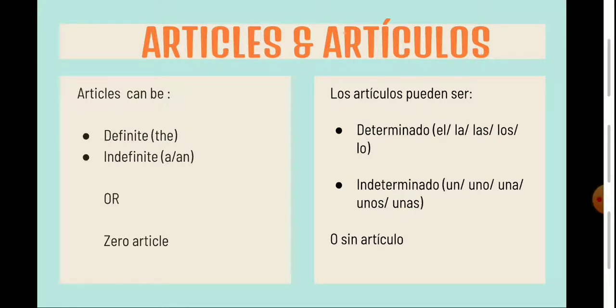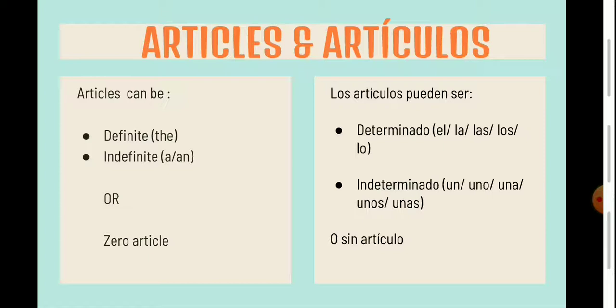In English, articles can be definite, the, indefinite, a, an, or zero article. In Spanish, los artículos pueden ser determinado, el, la, las, los, lo. Lo is a neuter article and is usually used before adjectives, adverbs, and the relative pronoun que.